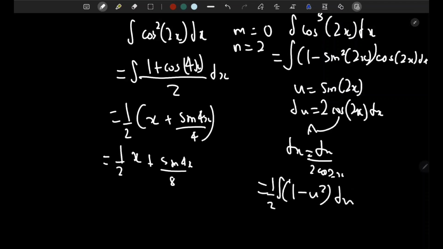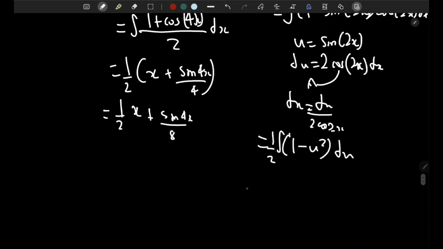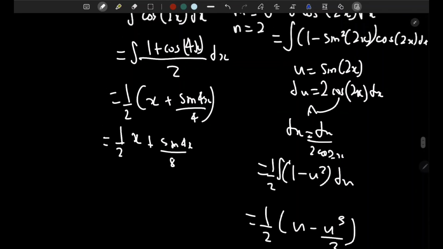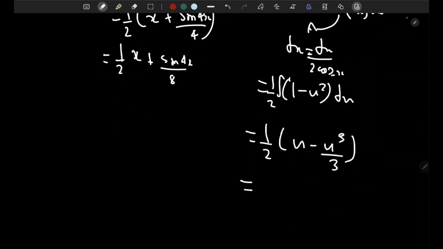Now we can just integrate this, so it will give us half into u minus u cubed over 3, and this will be simplified to what was u, sine 2x. So it's going to be equal to 1 over 2 sine 2x minus sine cube 2x over 3.